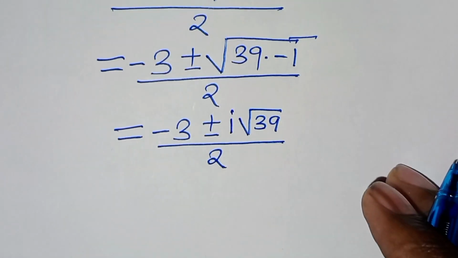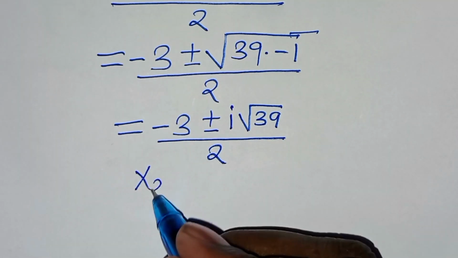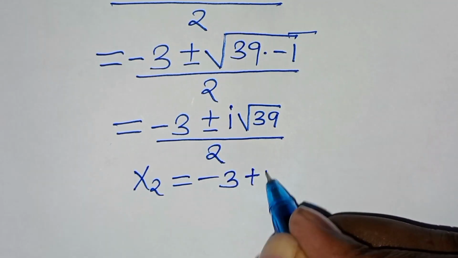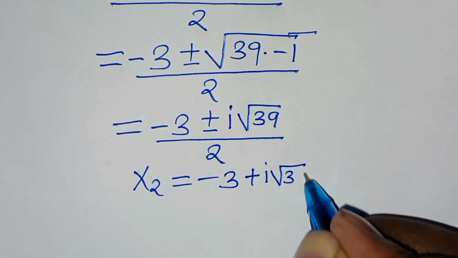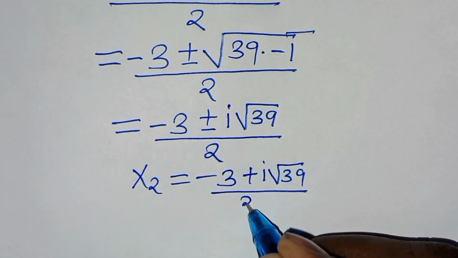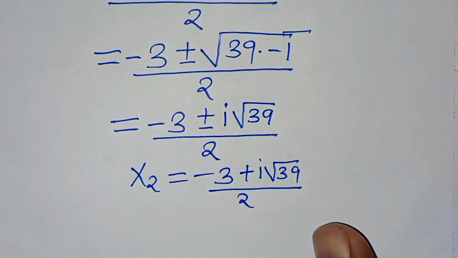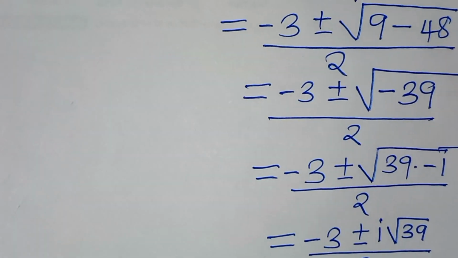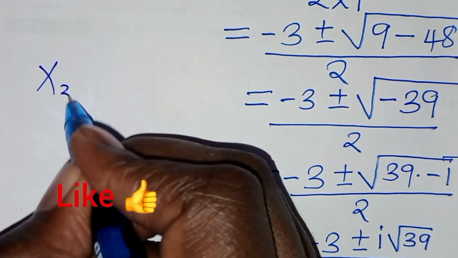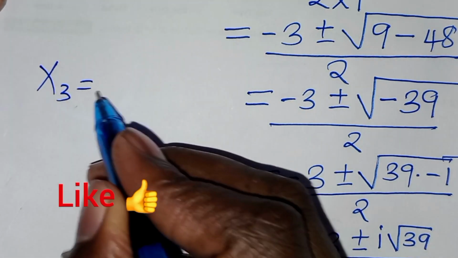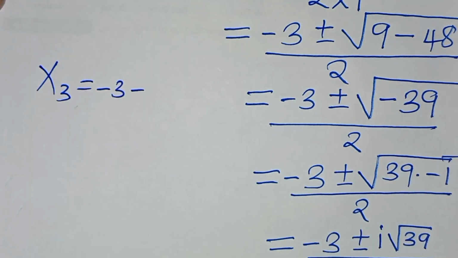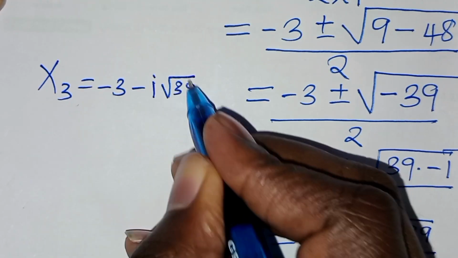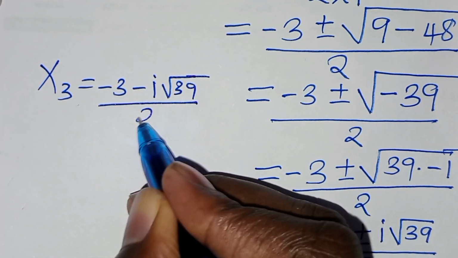So this implies that we have x2 equal to negative 3 plus i square root of 39 divided by 2. And we have x3 equal to minus 3 subtract i square root of 39 divided by 2.